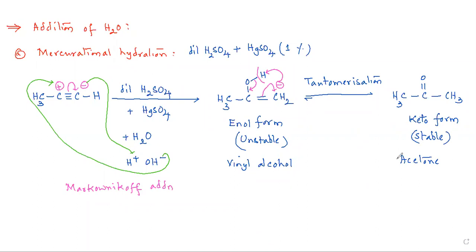If you want to know the factors that influence keto-enol stability, that is in fact tautomerism and the factors, you can just check our video. So with dilute sulfuric acid and mercuric sulfate, it is the Markovnikov addition which is followed.